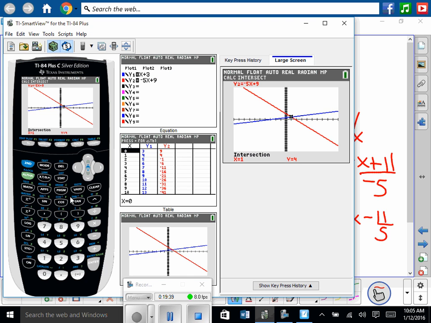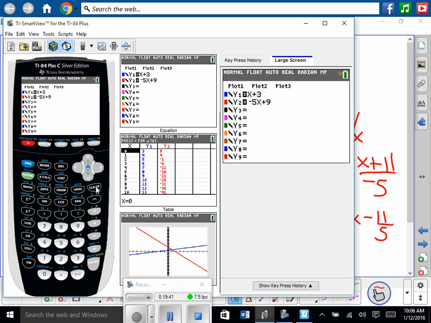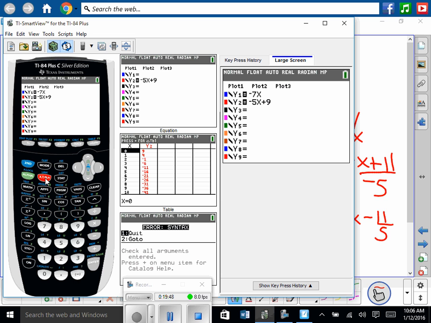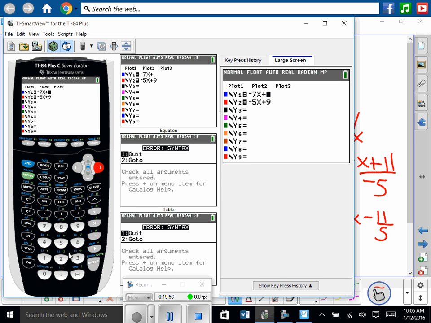So y equals, once again, negative 7x plus 5. And 1/5 x, so 1 divided by 5, x minus 11 divided by 5. I hit graph.